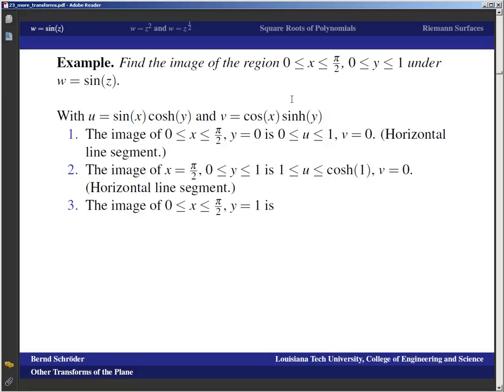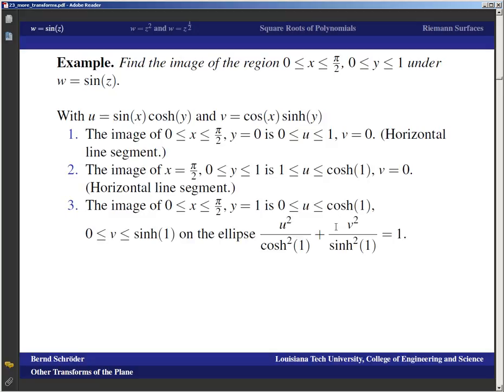Now we have to go back, y equals 1, and then x declining from pi over 2 to 0. That would be that u is between 0 and cos 1, v is between 0 and sin 1, and it's on an ellipse. Let's see how that goes. When y is equal to 1, we don't have any trick available. Cos y is cos 1 and sin y is sin 1, so nothing happens there that would allow a cancellation.